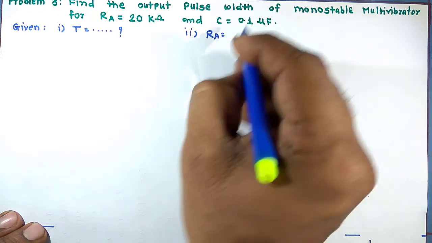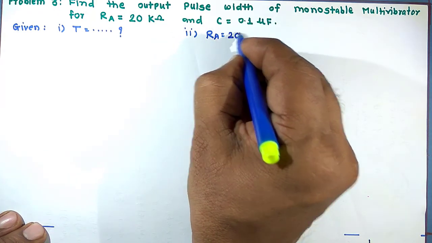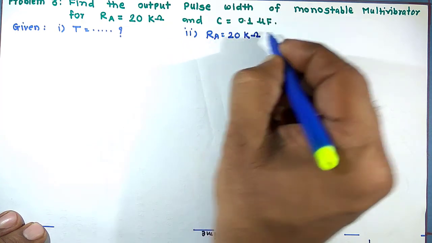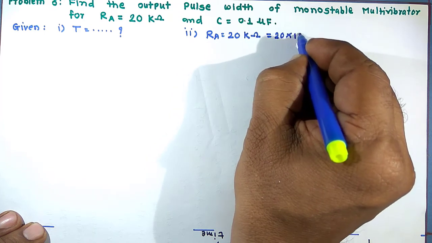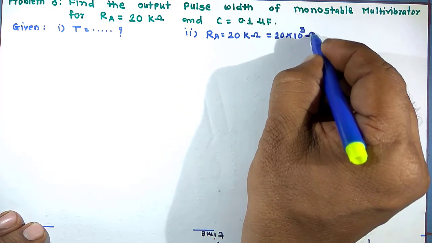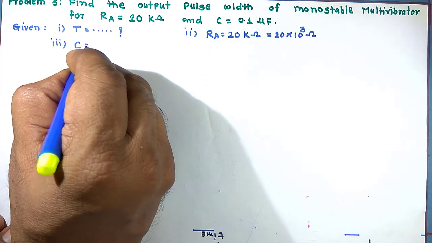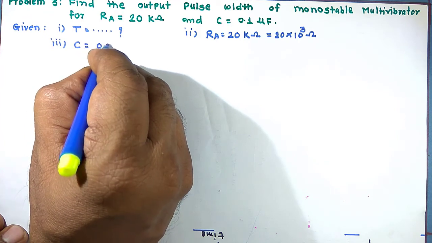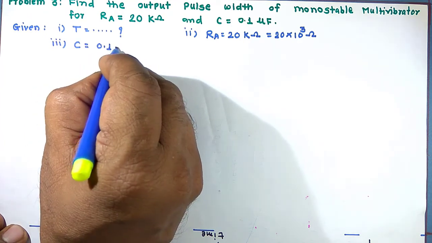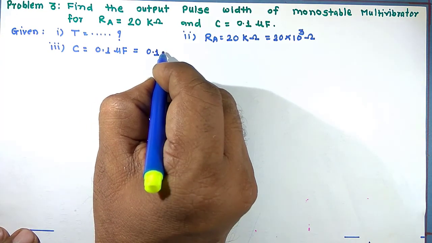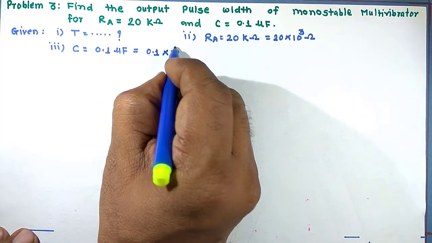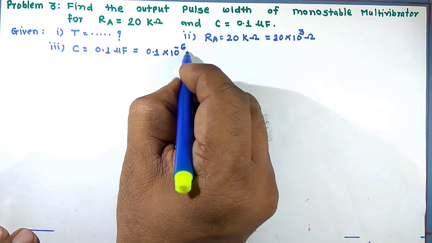Resistance is given, it is 20 kilo ohm, that is, it is 20 into 10 raised to 3 ohm. Capacitance of a capacitor is 0.1 microfarad and it is 0.1 into 10 raised to minus 6 farad.